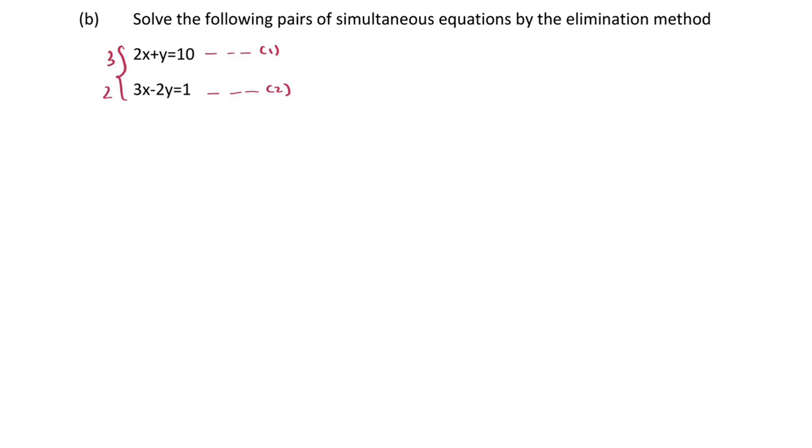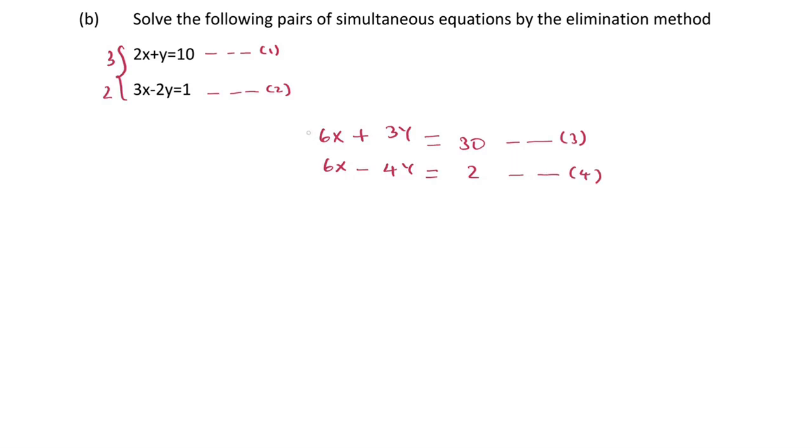Then our equations are going to be 6x plus 3y equals to 30. Let us call this as equation number 3. And then we have 6x minus 4y equals to 2. We are going to call this as equation number 4.